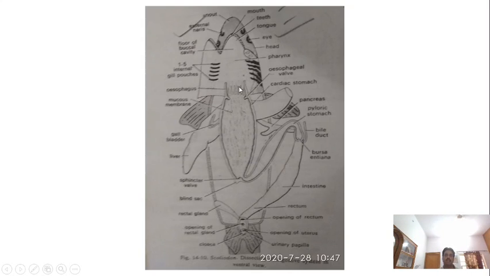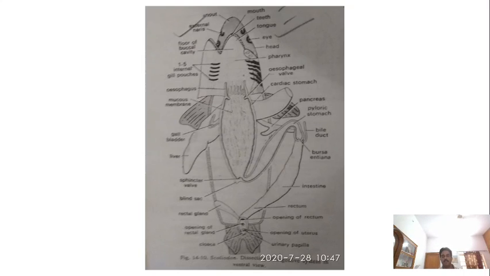Next, the important structure is the stomach, and you can see here the cardiac stomach, this one, and the pyloric stomach, this one. Cardiac stomach and then pyloric stomach.